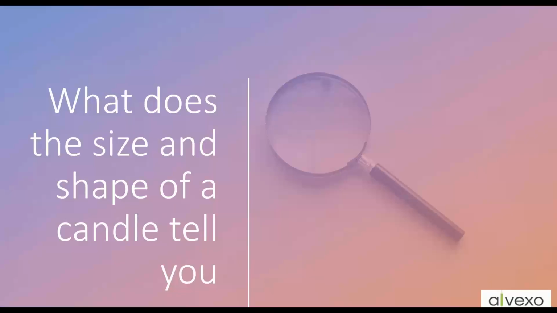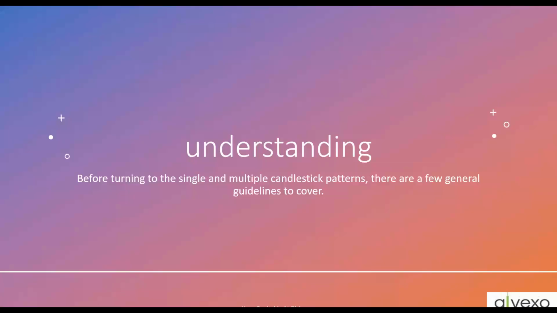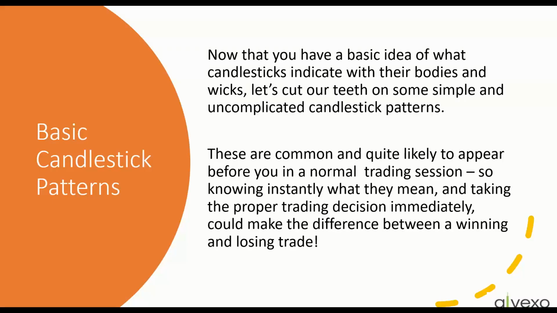And we talked about what the size and the shape of the candle tell you. Now, before we start looking at single and multiple patterns, this is where it starts getting confusing, because pattern recognition is a lot of memorization.